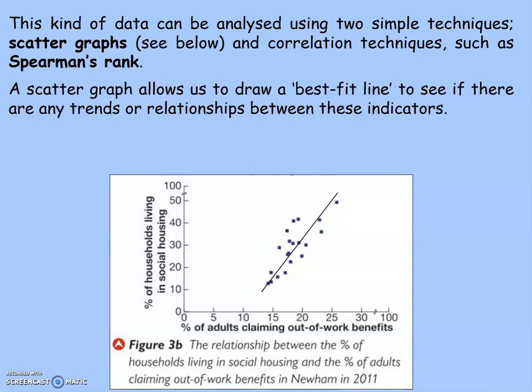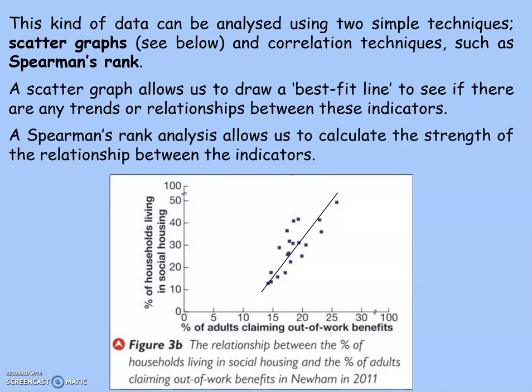Now, a scatter graph allows you to draw that best fit line you should be familiar with from your GCSE course. And you can see whether there's a trend or relationship between those 2 indicators. So in this case, we have a positive relationship because the higher the percentage of adults claiming out of work benefits, the higher the percentage of households living in social housing, and vice versa.